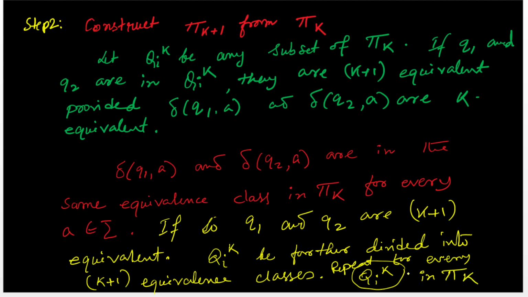That means for the kth equivalent classes, we have to check all the subsets and repeat this procedure. Clear? In pi k, to get all elements of pi k plus 1, we have to obtain this pi k plus 1.